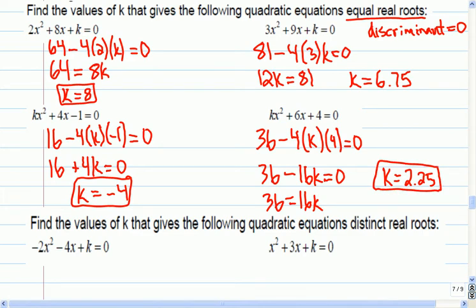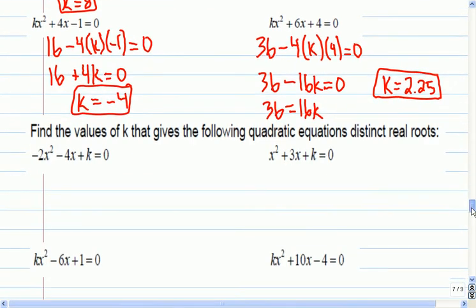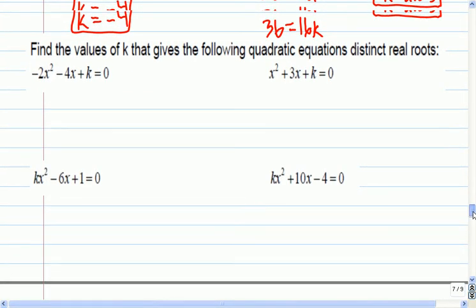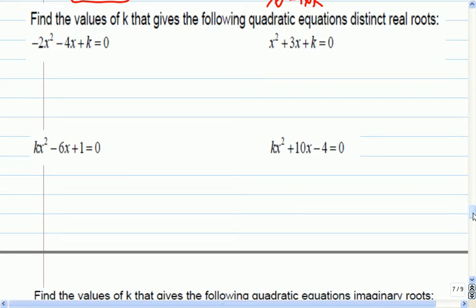Okay, so these are the values you should end up with if you've got equal roots. Okay, so distinct roots. This time we need to make sure that the discriminant is greater than 0 if they're going to be distinct. This means I'm going to be looking for a value that guarantees it's greater than 0.